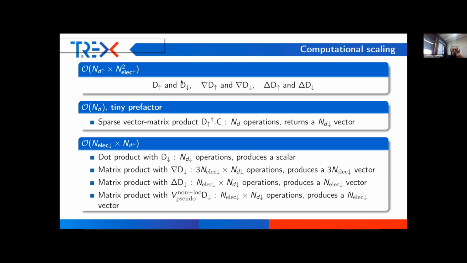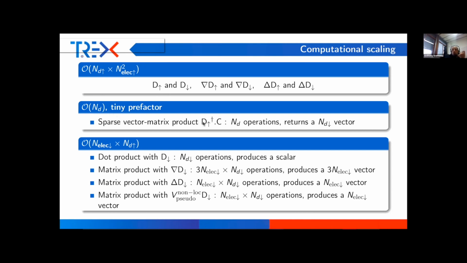The calculation of the d up and d down vectors and the gradients and the Laplacian, they cost number of upspin determinants multiplied by number of upspin electrons squared. Okay.